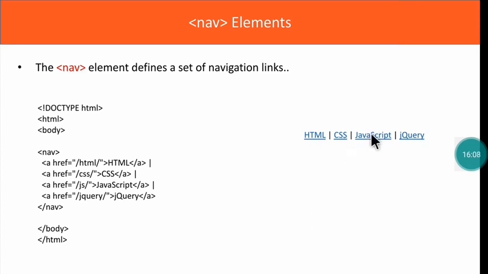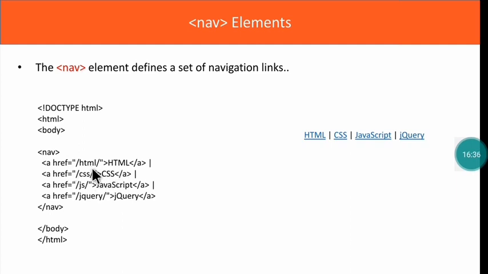Once you click on JavaScript, you will go directly to the JavaScript or jQuery page. On any web page, the first items written are home, about, registration, etc. This information is called the menus. And if you want to add this type of information on your web page, you must use the nav tag. In the nav tag, you can place the information by using the anchor tag with the href attribute, and then place the link of that page.